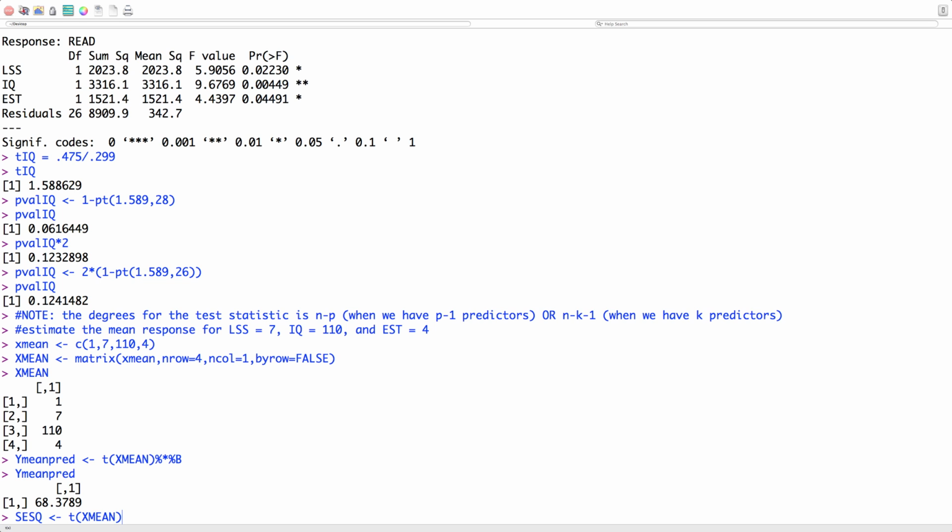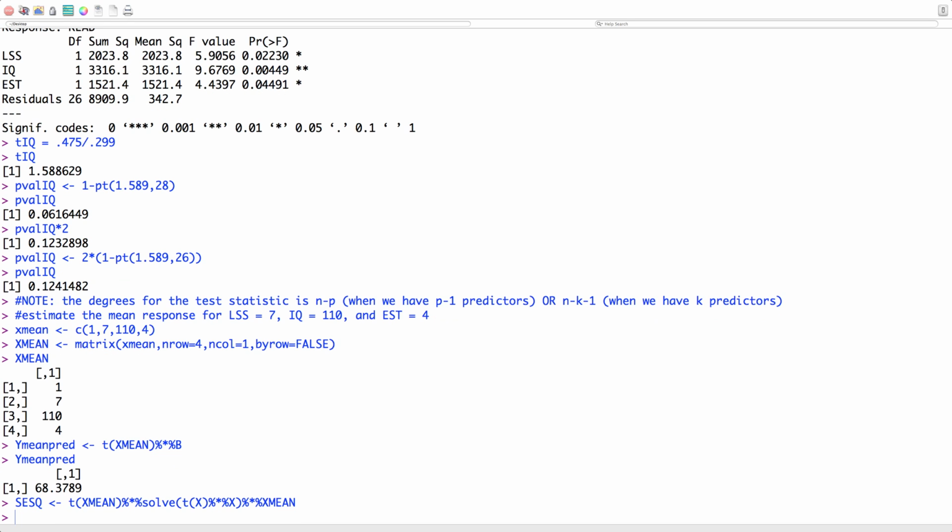Yes. Times, now I need to go solve x transpose x. And then I need to go times x mean. So then I need to take SESQ.